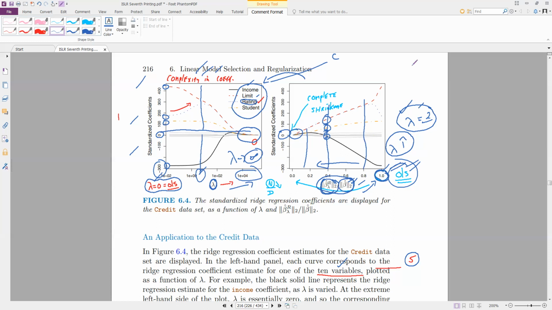So let's ask the question right here: which value of the tuning parameter are you going to want to select? Well, think about it. We're going to want to select some value of the tuning parameter that, as usual, optimizes some function of the data. So just hold that in your mind right now as to how you're going to select the tuning parameter.